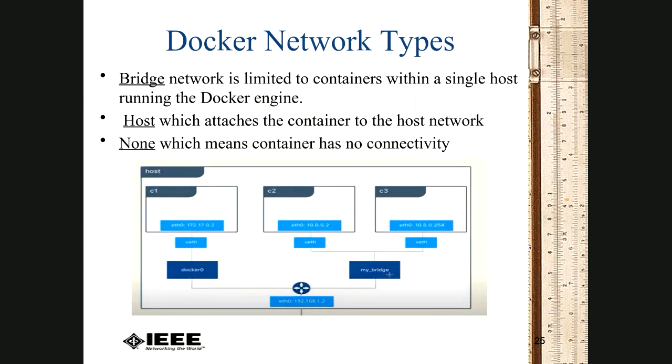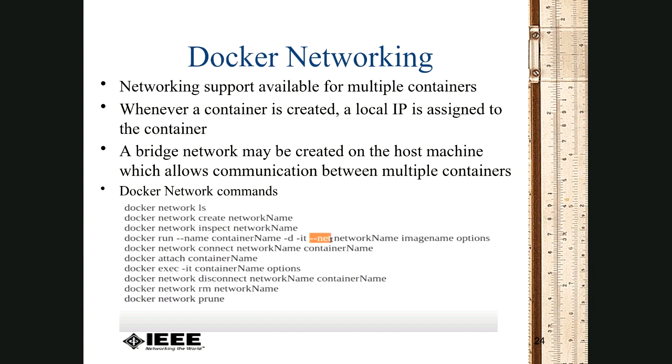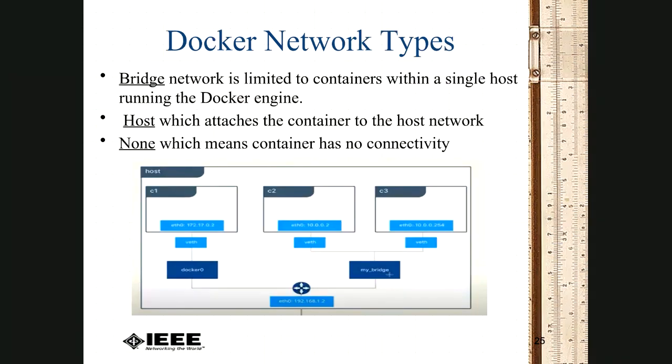On this host machine, you have several containers, and they can communicate with each other through the bridge, which is the default bridge. Every container is connectable to the bridge, and whenever a container is created, Docker automatically assigns an IP address to it. I'm not going into the command details here, I'm just giving you the idea.